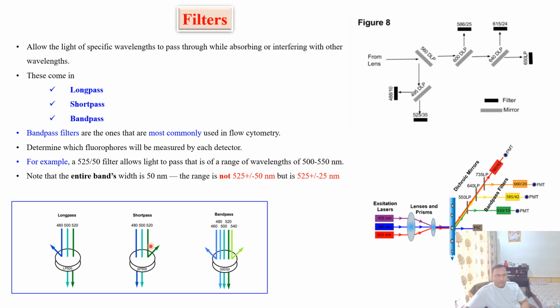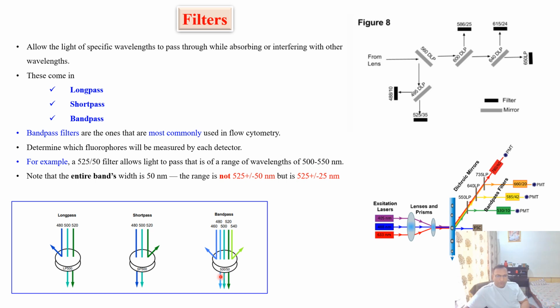Similarly, short pass. Here it is SP, short pass, and the wavelength demarcated here is 500 nanometer. It means the 500 or less than 500 wavelength will pass and the rest will be reflected. The third one is the band pass.